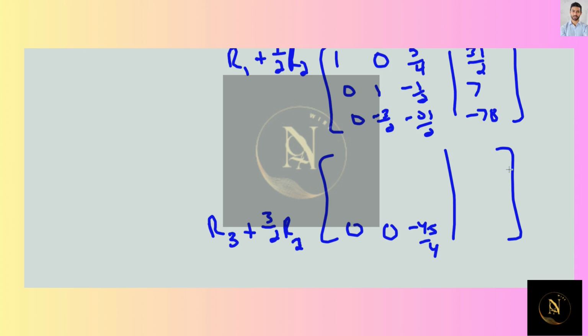And then we have negative 78 plus 3 halves of 7. And that would be negative 135 over 2.